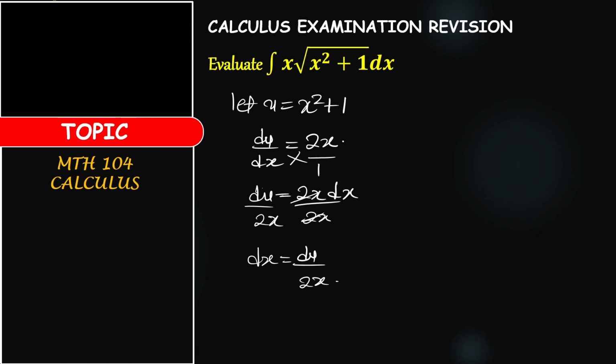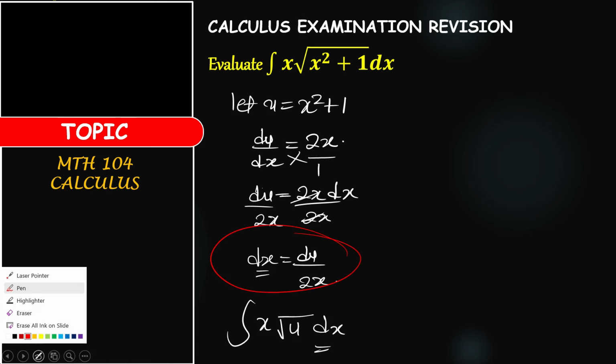Now, recall that you said your integral is this. So, in the integral, we said let everything in this bracket be u, right? So here will be the square root of u. And then here is dx. But you've calculated your dx to be du over 2s.